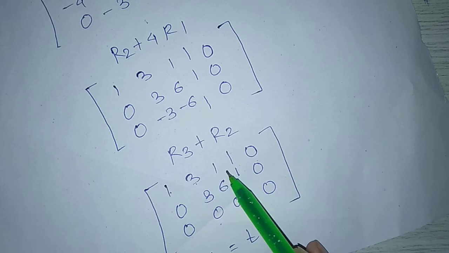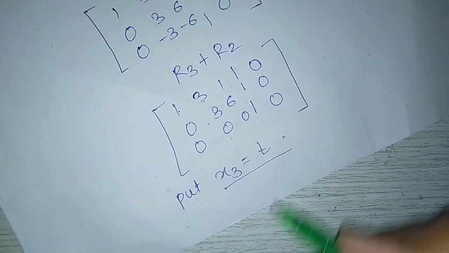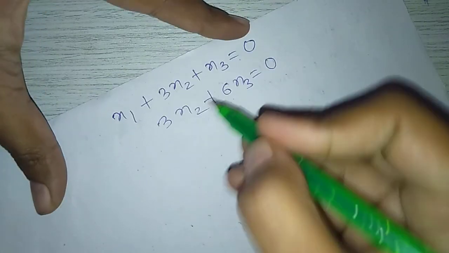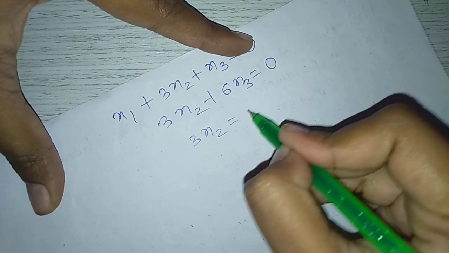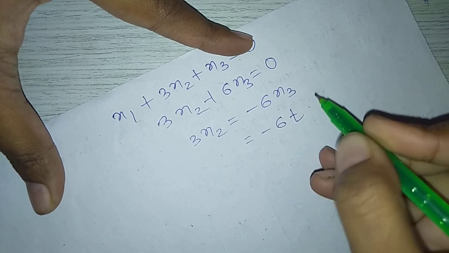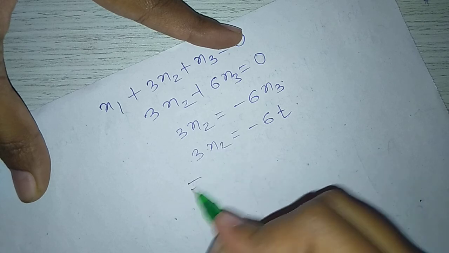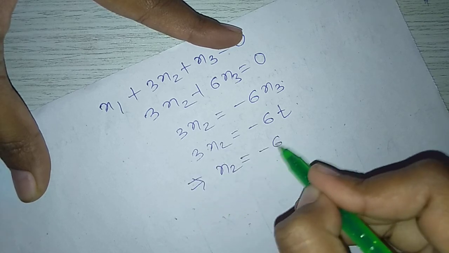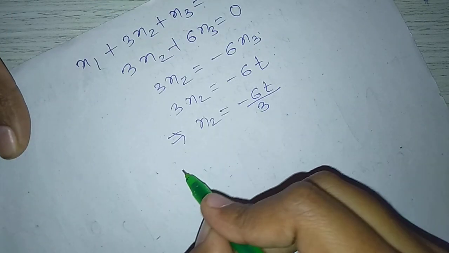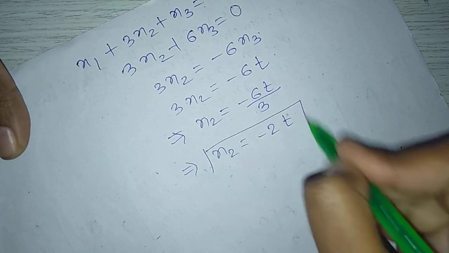Here the free variable is x3. So 3x2 equal to minus 6x3 equal to minus 6t, where x3 equal to t. So x2 equal to minus 6t upon 3, which implies x2 equal to minus 2t.